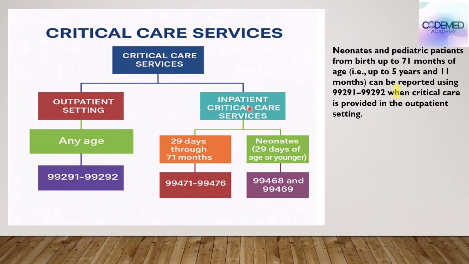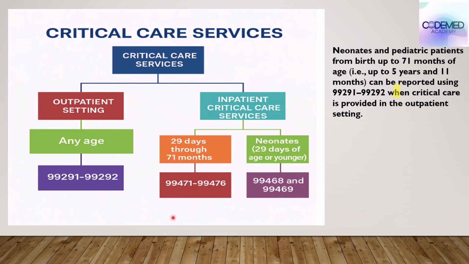Now we move to inpatient critical care. In inpatient critical care we have two types. One is 29 days through 71 months, that is basically 29 days till 5 years 11 months, and the other is neonates, 28 days of age or younger. The neonatal critical care is also called NICU, neonatal intensive care unit, and the other is called pediatric critical care.